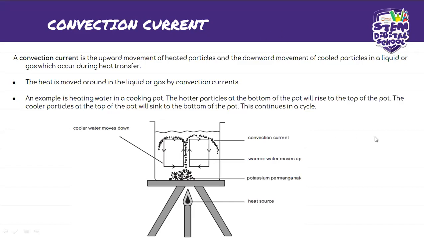Okay, so this is convection current. When you put a pot on the stove and start heating, the water molecules will gain kinetic energy.